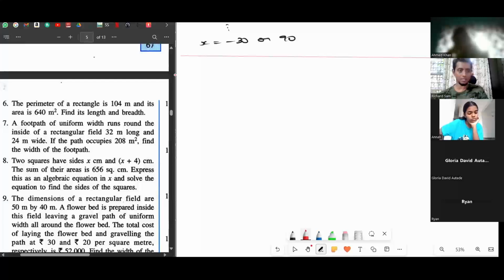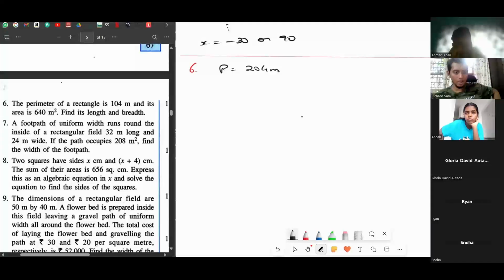Okay, question 6. The perimeter of a rectangle is 104 meter, and the area is 640 meters square.